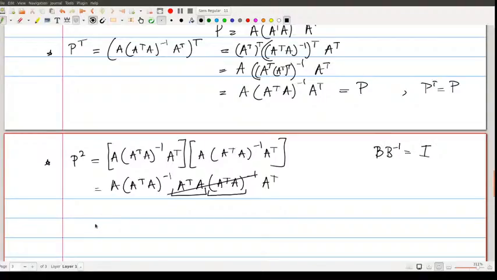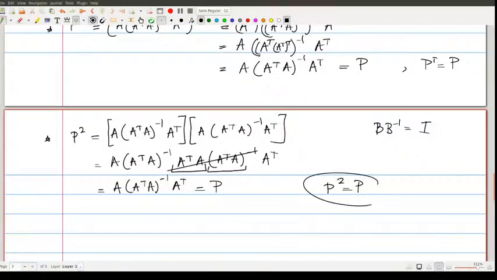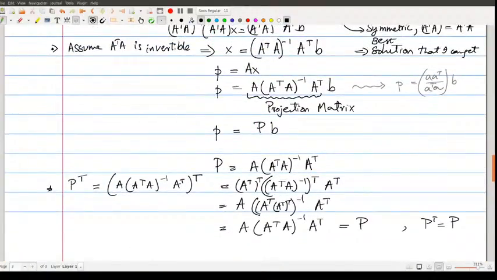So this just becomes the identity, and I can cancel that out to get A times A transpose A inverse A transpose, which is just P. P squared is equal to P. So those are two nice properties of the projection matrix that we've verified in the matrix form as well.